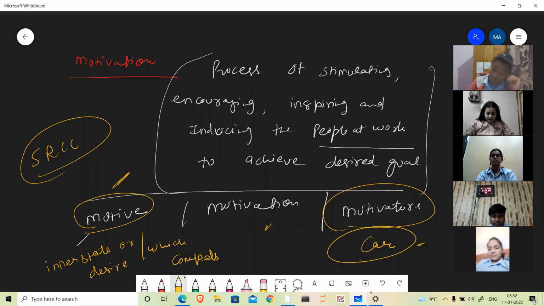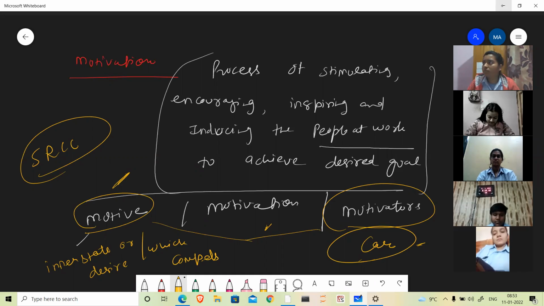So these are the three similar words related to motivation: motive, motivation, motivators. Motive is the inner state of mind, inner feeling which compels you to achieve some target, and motivators are the tools or techniques which help you to achieve your motive. And motivation includes both of these. Motivation is a whole process which includes motives as well as motivators.